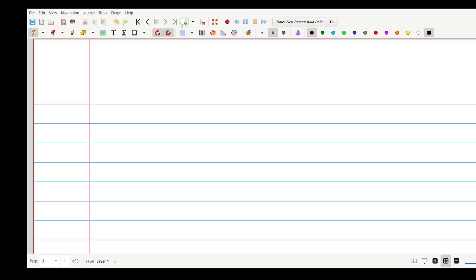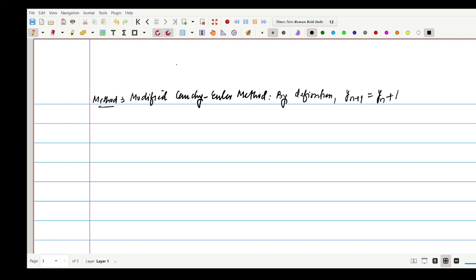Now we shall move further and solve the same question using the modified Cauchy-Euler method. So now we have method number 3, the modified Cauchy-Euler method. And again by definition we have yn plus 1 is equal to yn plus k2, where k2 is equal to h f of xn plus h by 2, yn plus k1 by 2, and k1 is defined as earlier, h f of xn and yn.